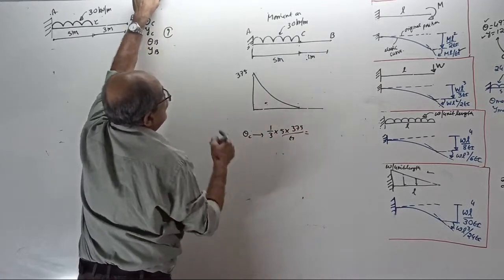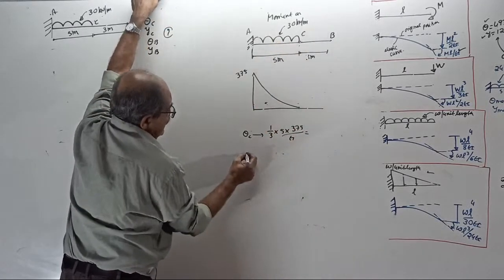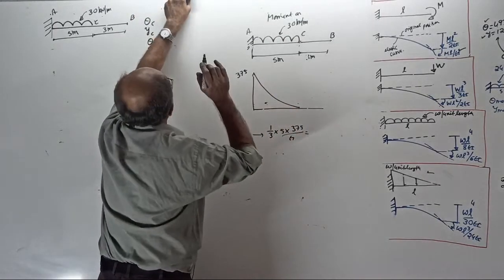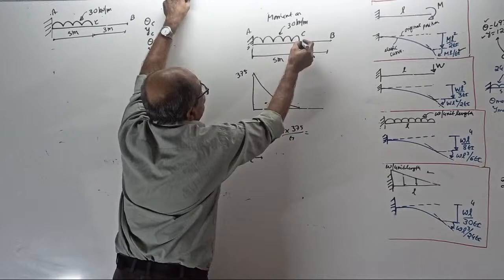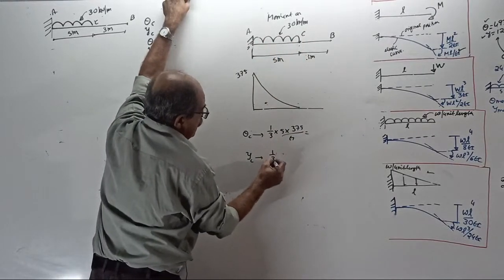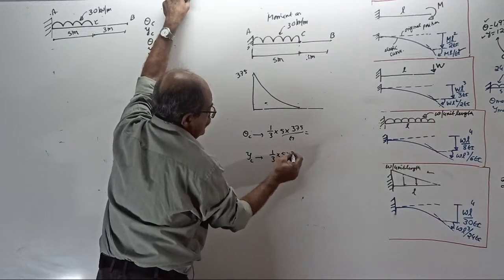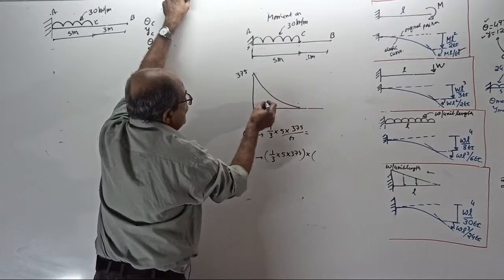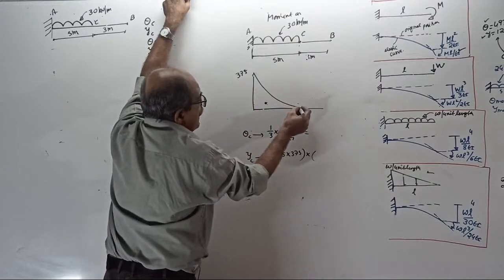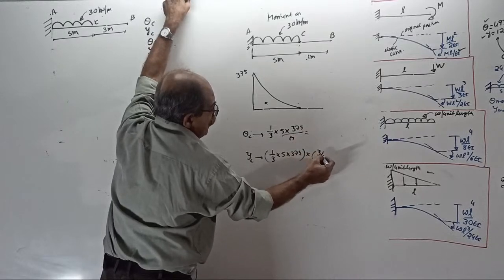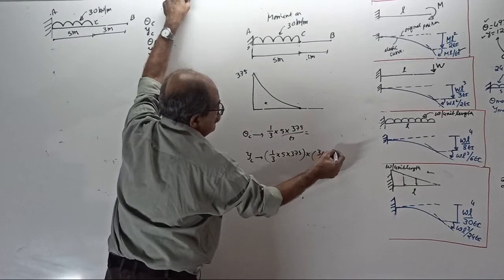They want deflection at C. Deflection at C is the moment of the area of the BM by EI diagram between C and A about C. So 1 by 3 of 5 into 375 is the area, into its center of gravity, which is here. We want deflection here, into this distance, that is 3 by 4 of 5.